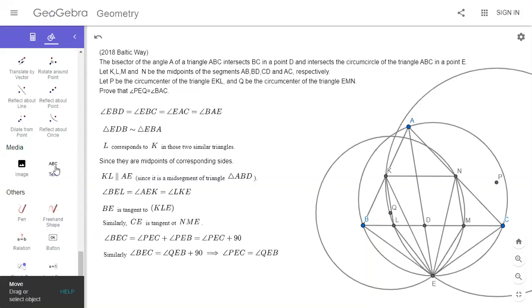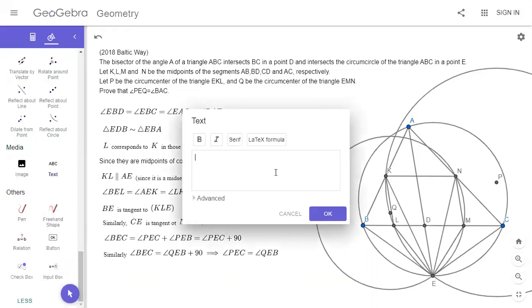So BEC is 180 minus A, and so angle PEC is equal to 90 minus A. And then from there we can calculate angle BEC.